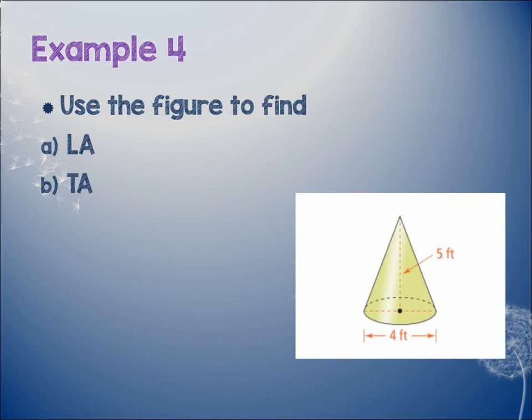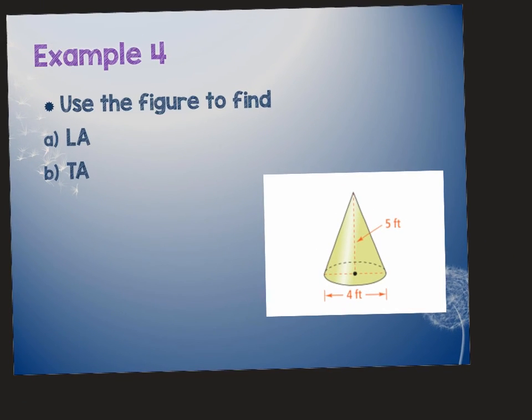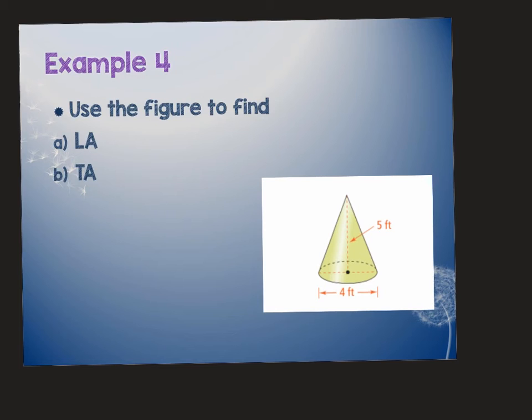Okay, this last one is like the last one with the pyramid. Instead of giving you the slant height, it's giving you the actual height. And instead of giving you the radius, it's actually giving you the diameter. So in order to find lateral area, which is pi r L, I need to know the slant height and the radius. I'm given the diameter, which means the radius is half that, which is 2.